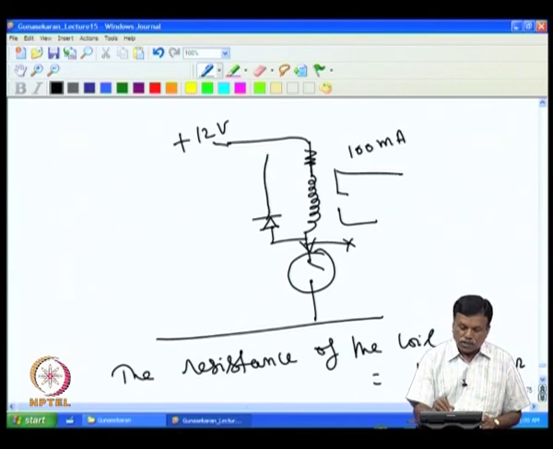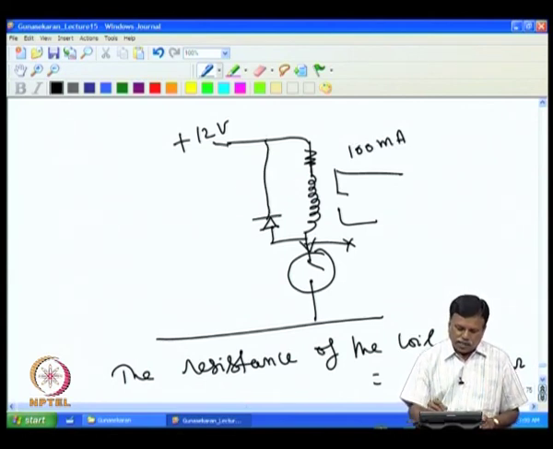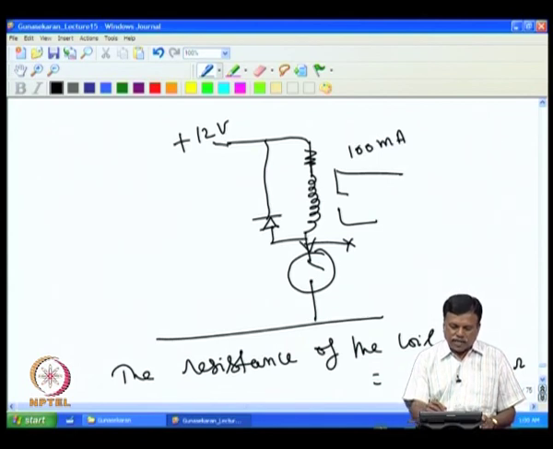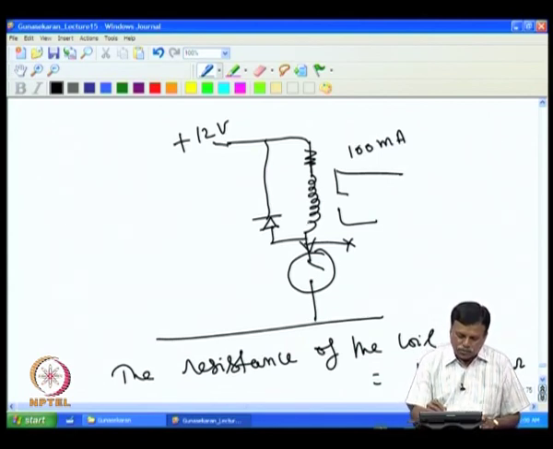Once I put a diode, the problem is solved, because now when I switch off the switch, the current tries to flow like this. When you try to break the current in an inductor, it induces a large voltage, and that voltage is positive here.